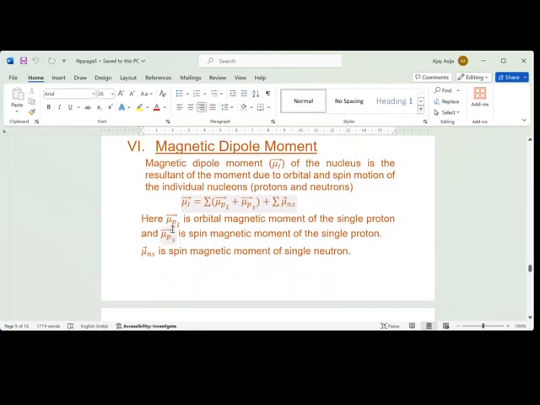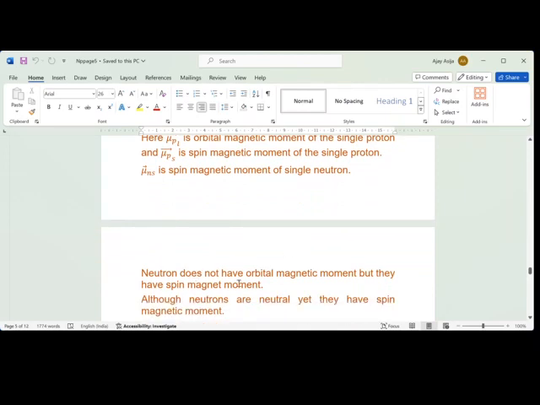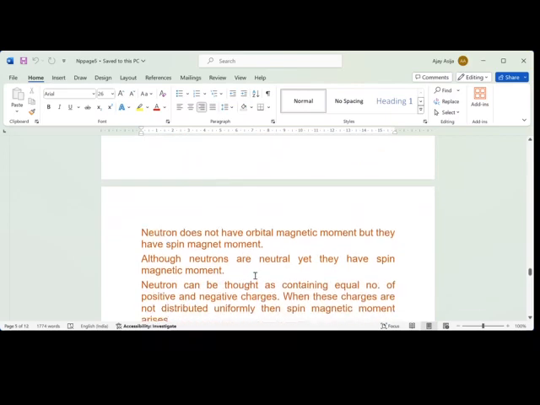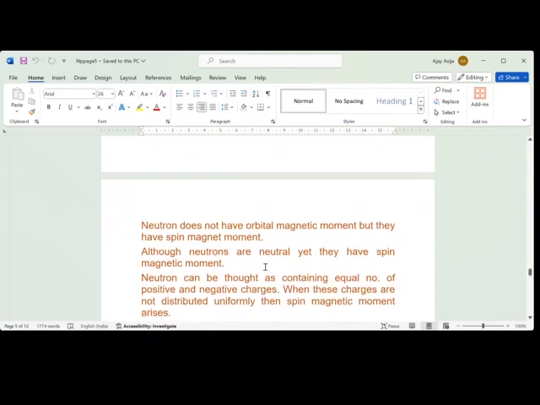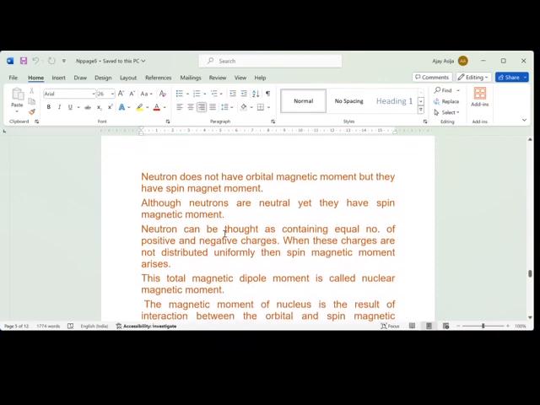Here mu PL is the orbital magnetic moment for a single proton, mu PS is the spin magnetic moment for a single proton, and mu NS is the spin magnetic moment of a single neutron. Neutrons do not have orbital magnetic moment, but they have spin magnetic moment, as I have already told. Although neutrons are neutral, yet they have spin magnetic moment.